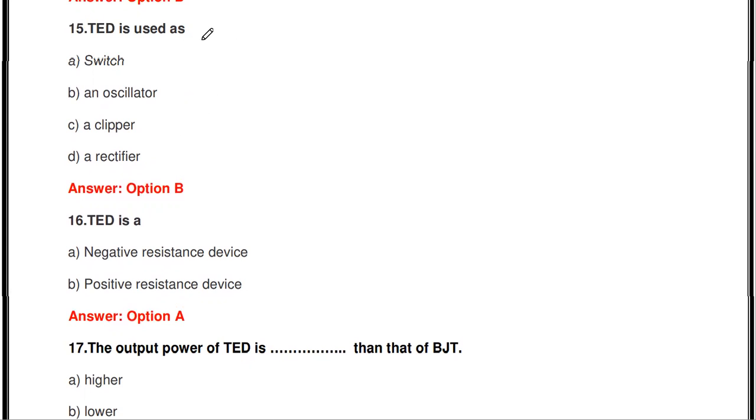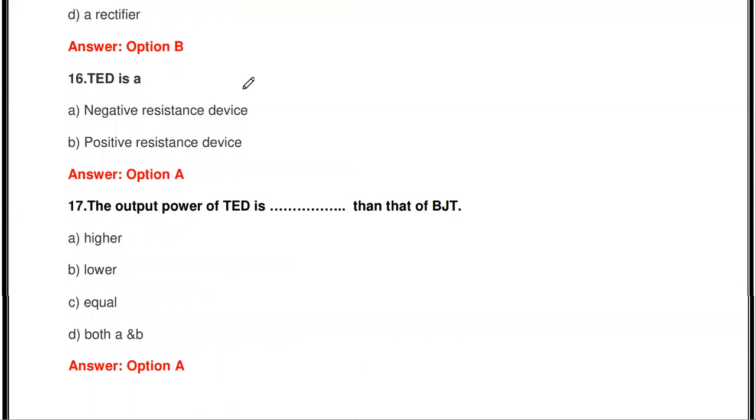One example of the TED is the Gunn diode. The Gunn diode is used as an oscillator, so TED is used as a microwave oscillator. Next, is the TED a negative resistance device or a positive resistance device? TED is a negative resistance device. Similar to the tunnel diode, transferred electron devices have the important property of negative resistance.